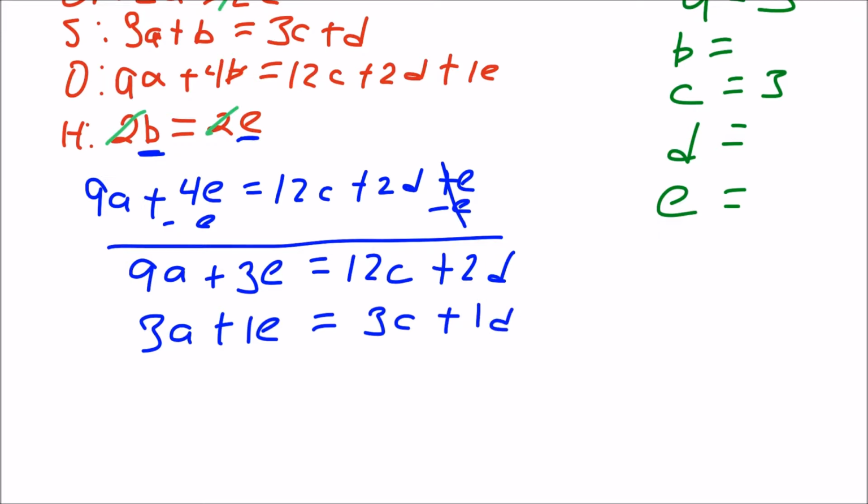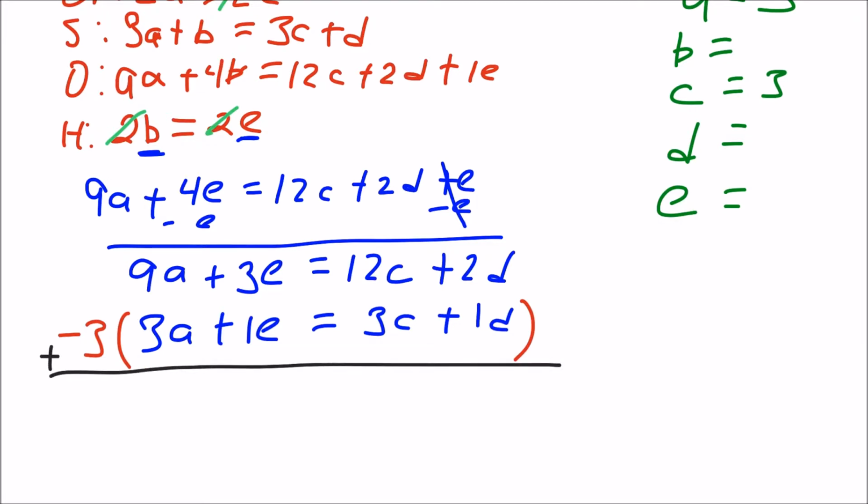So these equations now only have the same variables as each other, and I'm going to do an elimination with them. So I'm going to multiply this bottom equation here by -3, and then I'm going to add those equations together. The reason I'm doing that is because when you do -3 times +3a, you're going to get -9a.